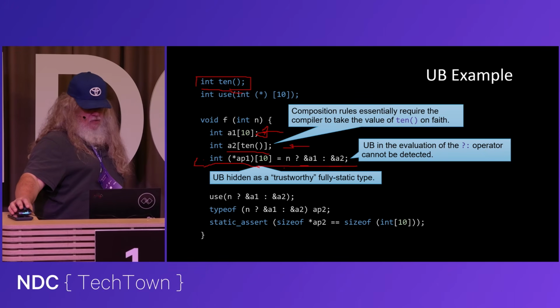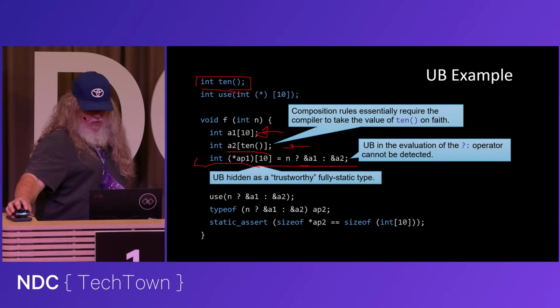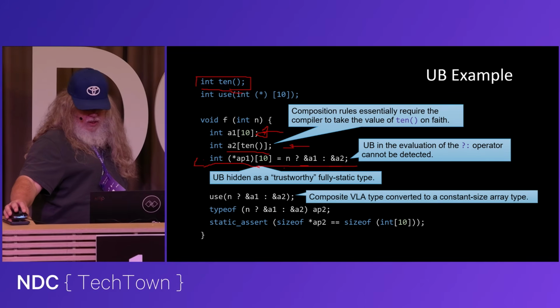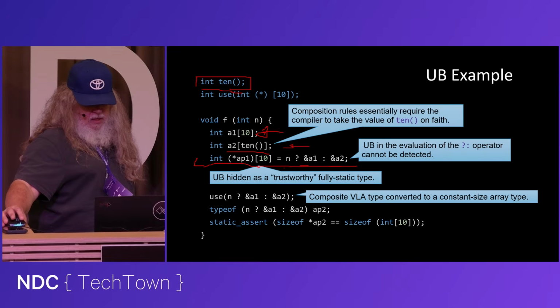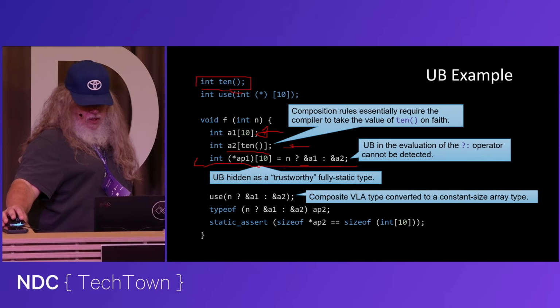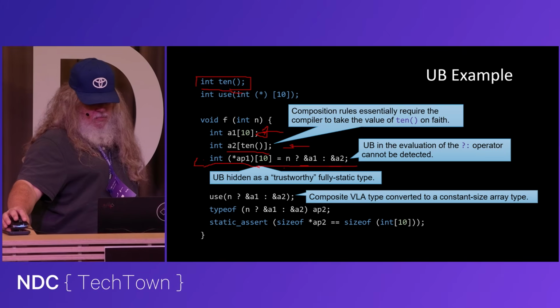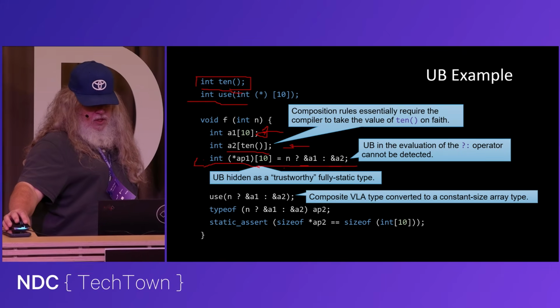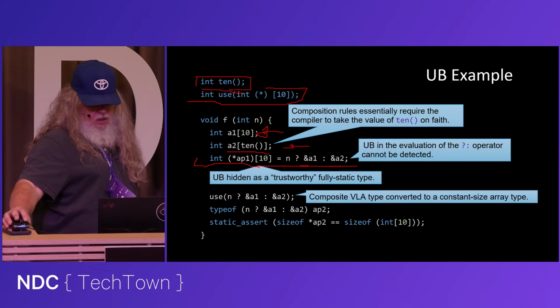It might not be an array of 10 elements, could be an array of 2 elements or 100 elements or what have you. So here we're taking the VLA type again and converting it to a constant size array type in order to be used in this function.